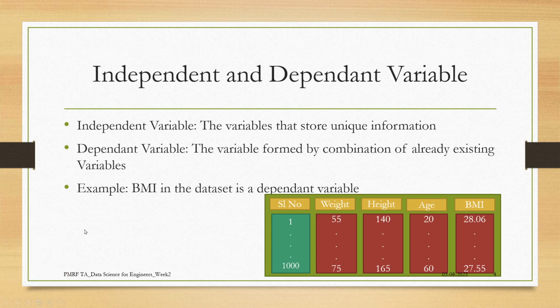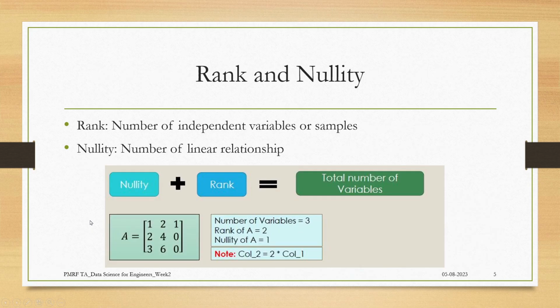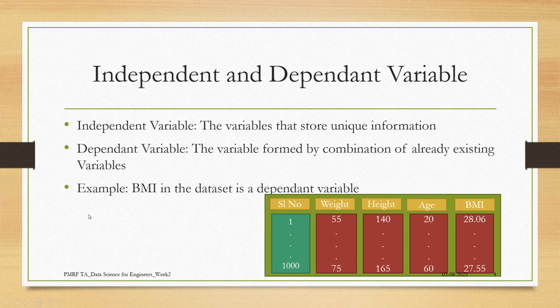I have some problem with my pen. BMI is given as... can anyone say what is its relation between weight and height? Okay, let me see the chat. Weight by height square. Yes, weight by height square, that's right.